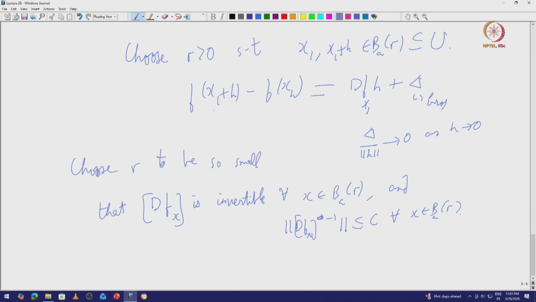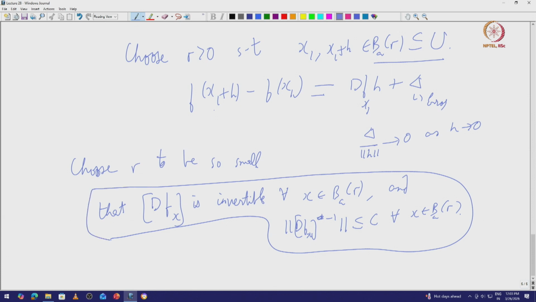So we've originally chosen the ball to be so small that it's contained entirely within U. Now we will shrink the radius of this ball so much that this also holds. So the question is, why is this even possible? What we have assumed in the statement of the theorem is merely that this is invertible, invertible by hypothesis.